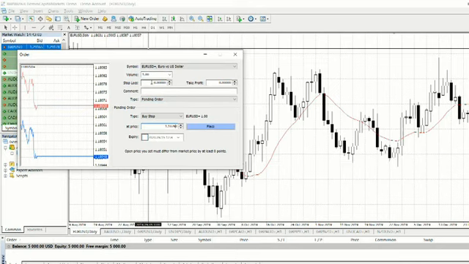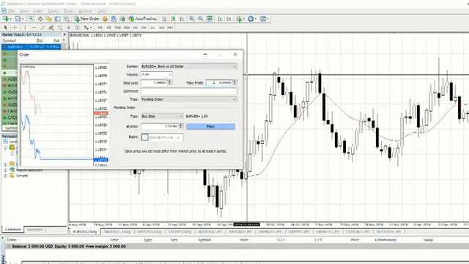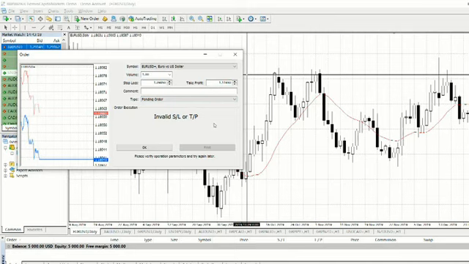So here you put a stop loss of 1.0985. Remember, this has already occurred. I'm just showing you what you would have done, and then maybe your take profit would have been at 1165, and you'd have just placed your order.